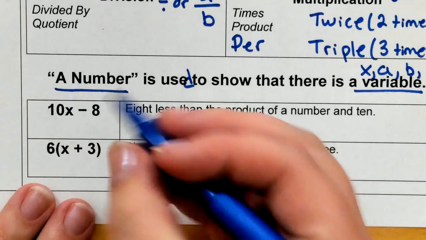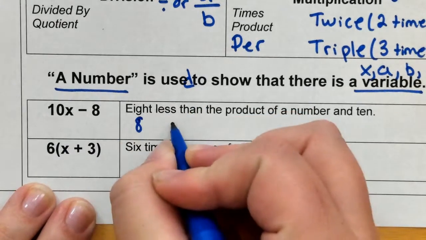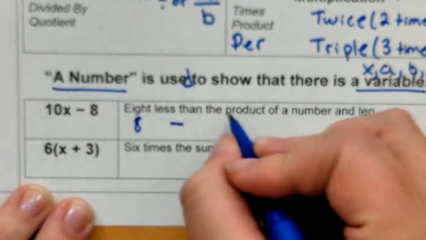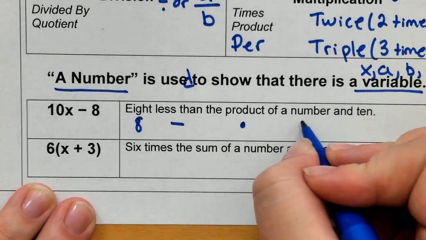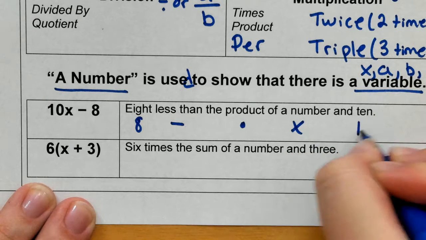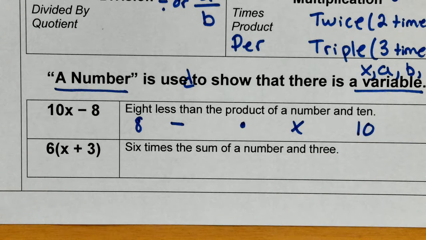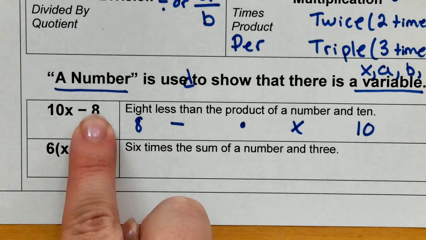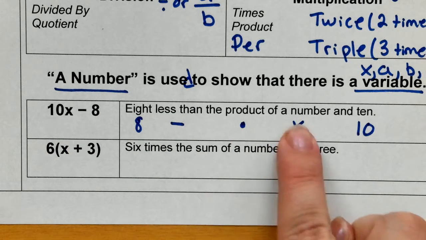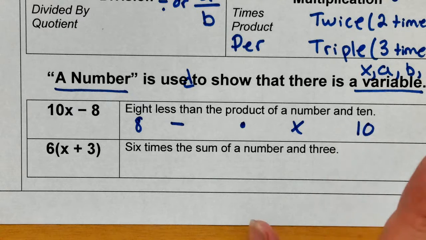And if we look at what it says, 8 less than the product is multiplication, a number, that's where X is, and 10. So if you see 8 less than, or the minus 8, and this times x 10 looks a little funky, but that is where the 10x comes from. And we'll look at some examples here in a few seconds, and hopefully we clear that up.